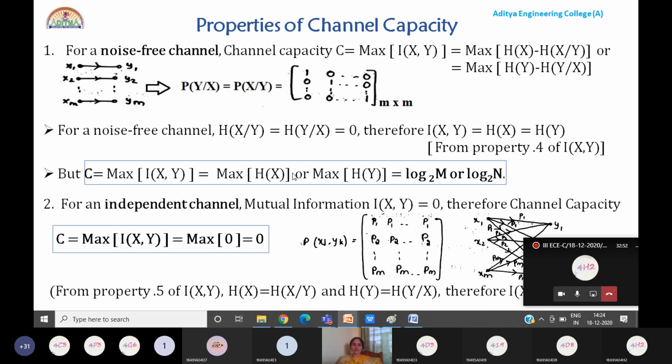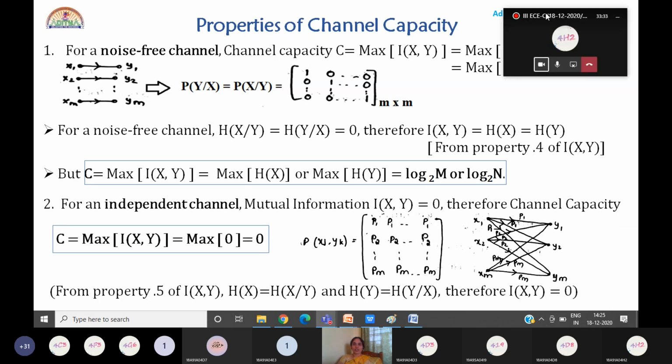We know that the maximum value of entropy occurs for equally likely messages, at P equal to 1 by m, and then it is log m base 2. So the entropy is log m base 2 for the transmitter and log n base 2 for the receiver. That is the first property: for a noise free channel, channel capacity is either log m base 2 or log n base 2, because I(X;Y) is either H(X) or H(Y).